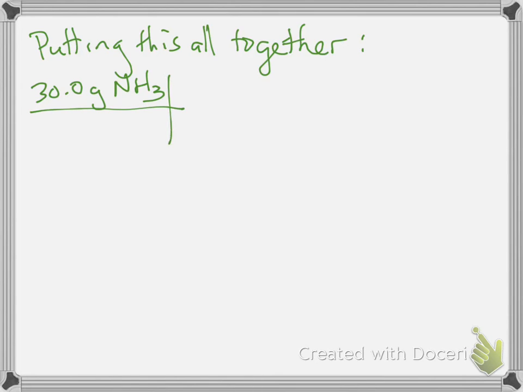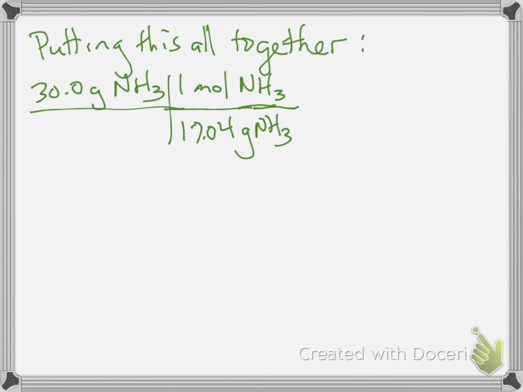And the first step is going to be, and keep in mind, we're just multiplying by fractions here. So if you see this slightly differently elsewhere, then that's fine. So 30.0 grams of ammonia. First step is always to use the molar mass to get moles. And remember, when we're using the molar mass, the other part of the conversion factor is always just 1 mole.